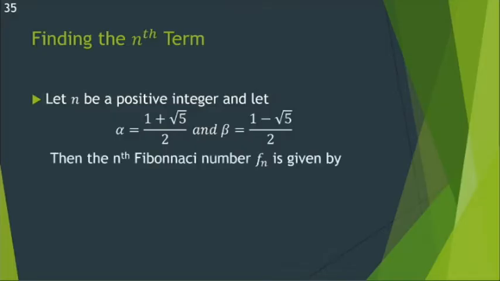And yung formula to find the nth Fibonacci number, f sub n, is given by this equation. So, f sub n is equal to 1 over square root of 5 times (alpha raised to n minus beta raised to n). So, ito is actually binomial expansion. Okay.